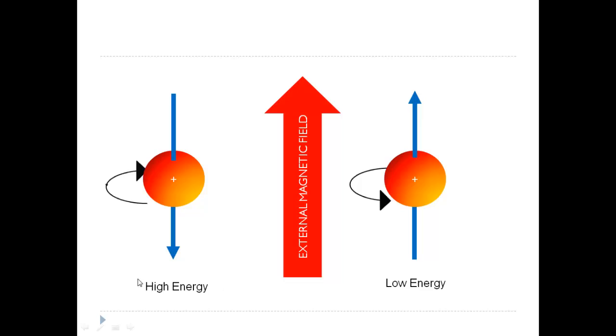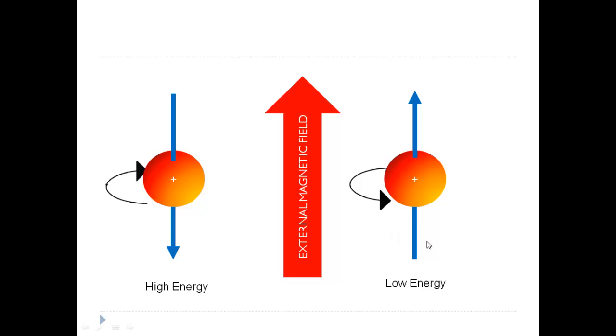To understand why the state has more energy, imagine this as a bar magnet. If we place the external magnetic field here, the bar magnet will align itself with the external magnetic field. If we want to flip it around so that it's pointing the other way, we're going to need to add energy to the system. If it were a bar magnet, we could do this gradually.